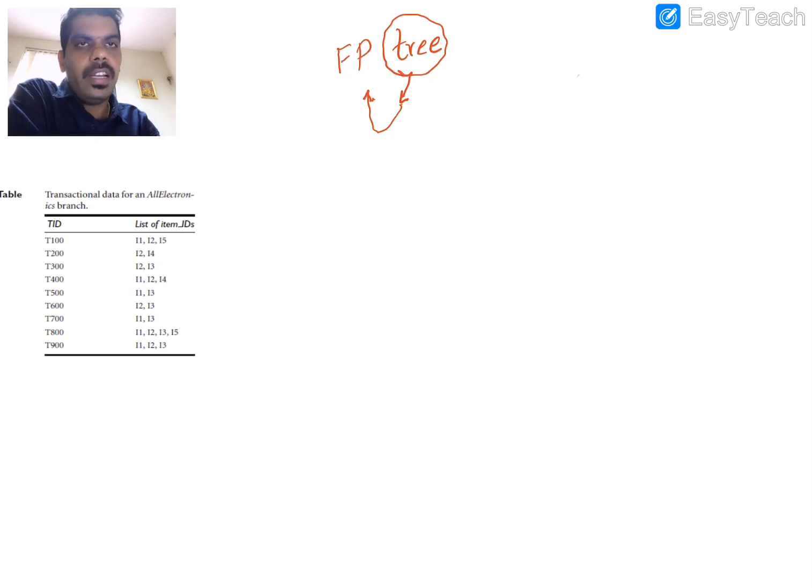What are the one item sets? If you scan the database, the items identified are I1, I2, I3, I4, I5.